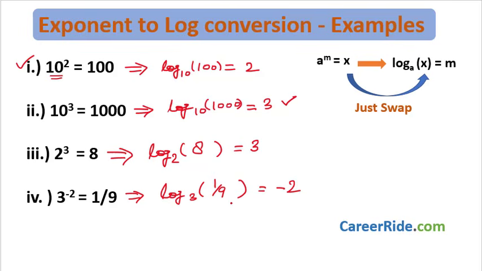So log 1 by 9 to the base 3 is equal to minus 2 turns out to be my answer. Isn't it simple now? You just have to swap the positions of x and m and you can convert them into the log while the base maintains its position. The base stays the same in both the cases.